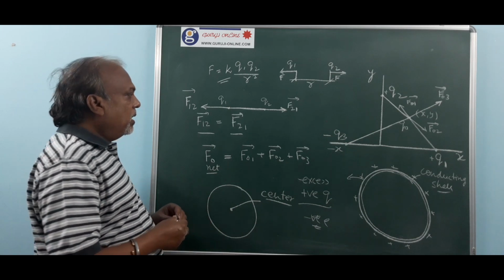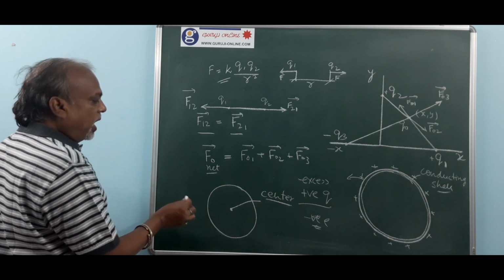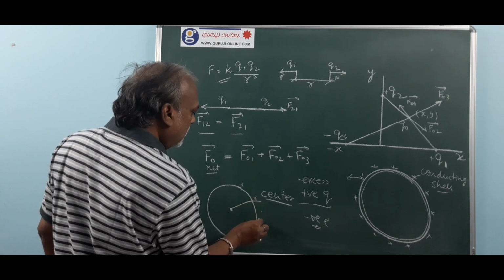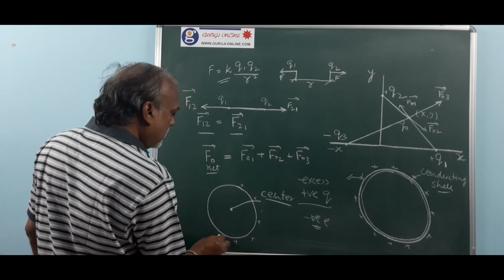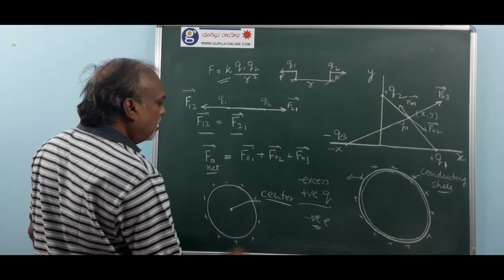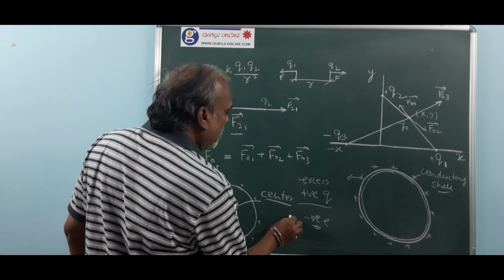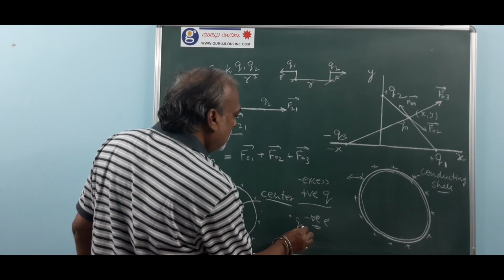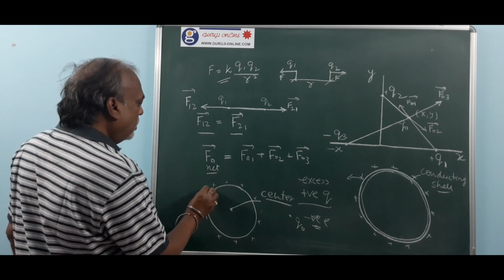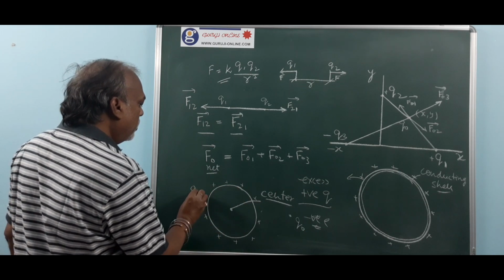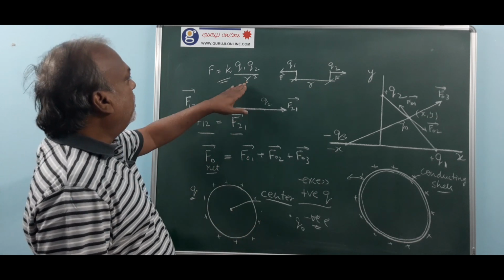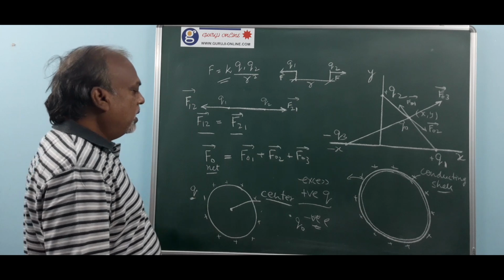So let me tell you, suppose you have a shell like this, and you have a test charge here. And your total charge is Q. So how to fit this into this formula?